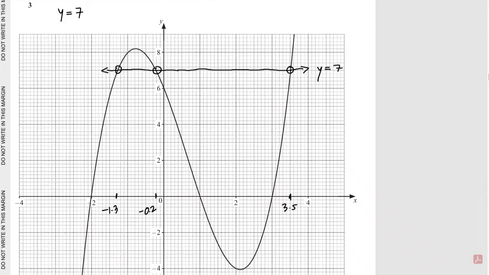Okay, so the region technically is this region. This is the part where your function is more than 7, and also this region over here. So how do you give your answers? Your answers should be, number 1, you can write x should be greater than 3.5. And the other inequality is x should be between -1.3 and -0.2.